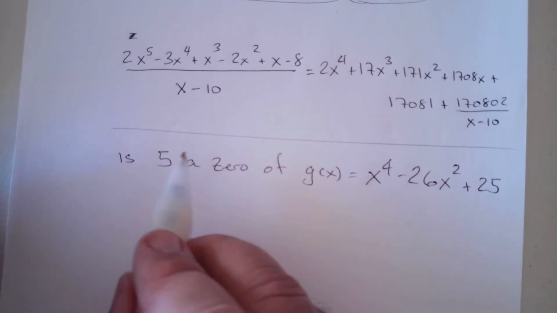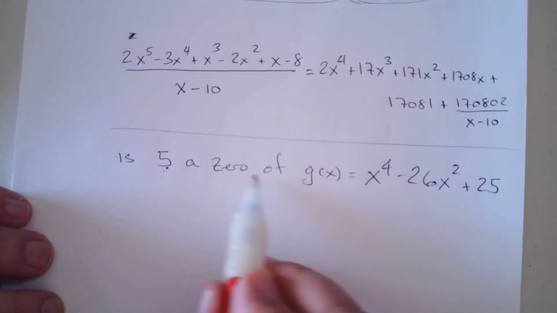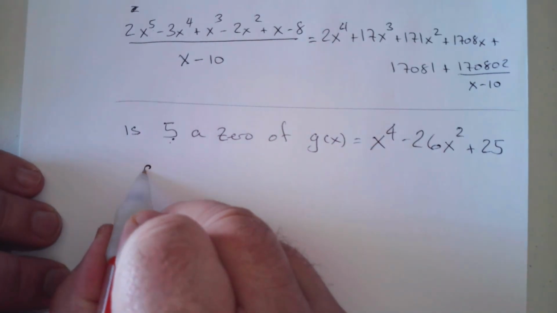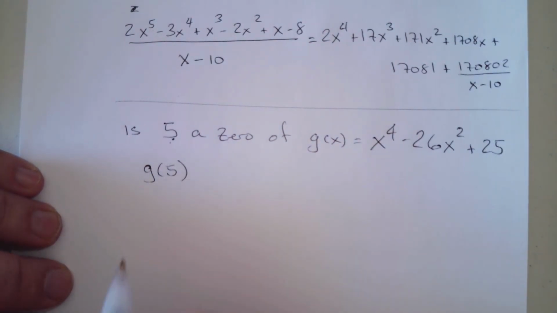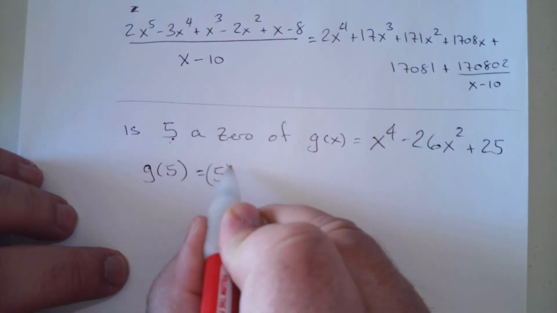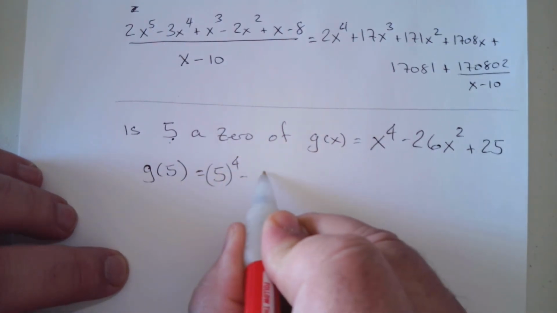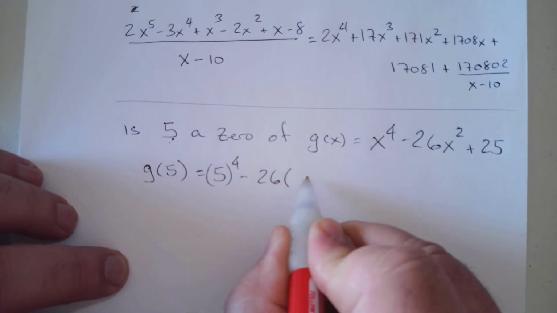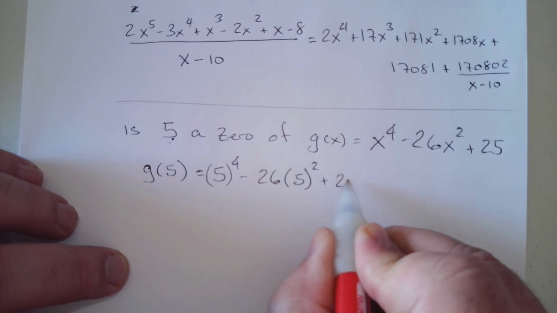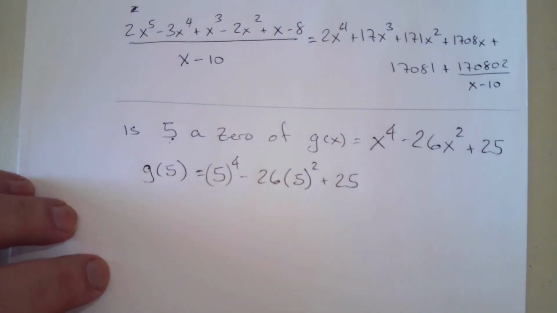So all I'm asking is, is 5 a 0 of this polynomial? One way I could do it, just plug in 5. 5 to the 4th power, minus 26 times 5 squared, plus 25.